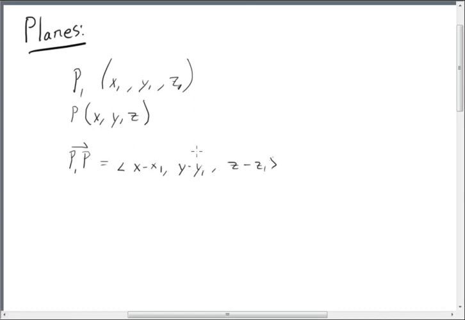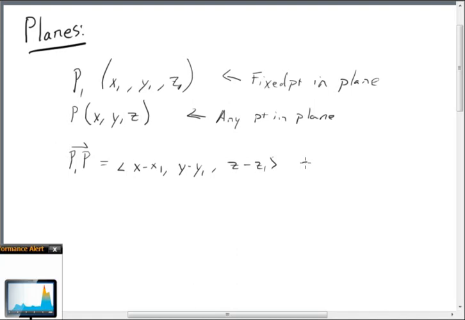If this is a fixed point in a plane, and this is any point in the plane, we have this vector, which must be in the plane.